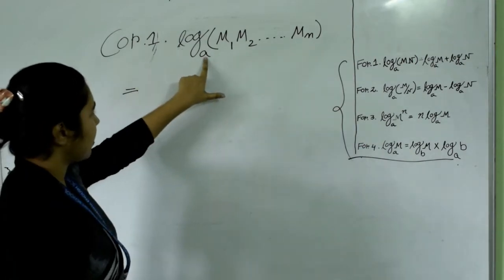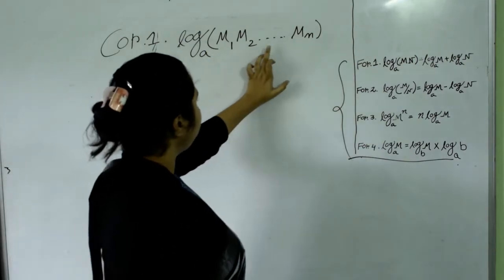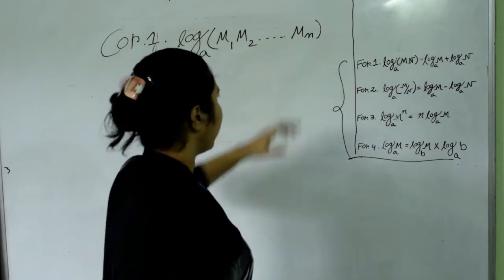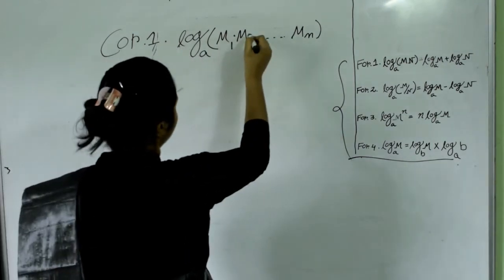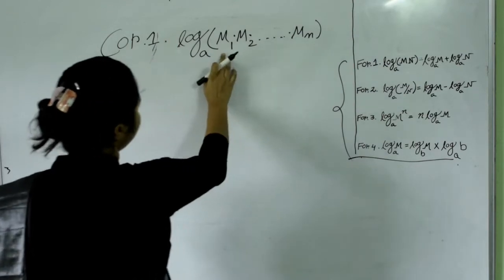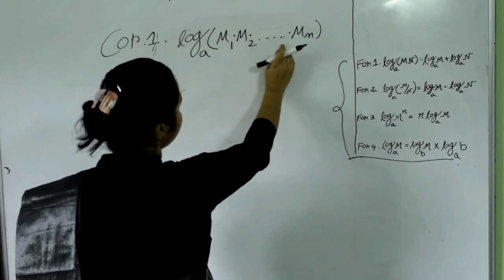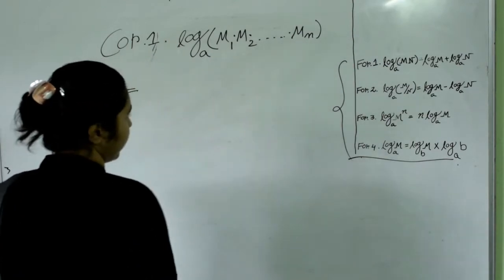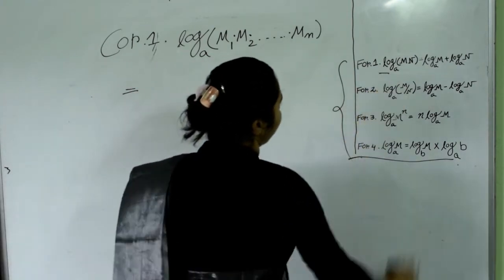Log with base a of the value m1, m2 up to mn. This is a multiplication: m1 cross m2 cross m3 up to cross mn. Now use formula 1.